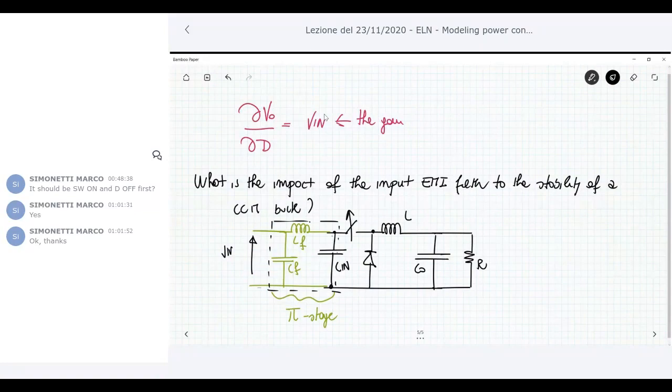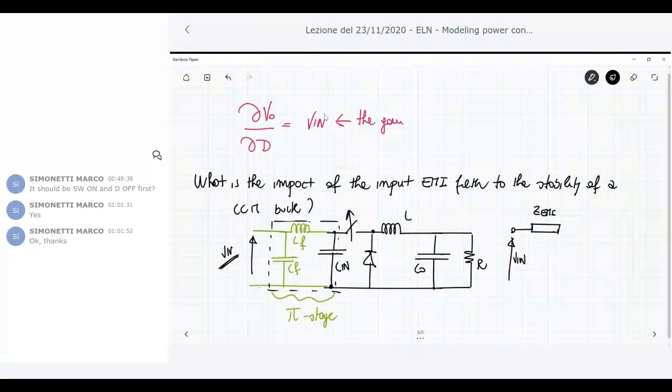This can be designed for each case, but typically they are connected at the input side. Without entering too much into the details about the topologies of this filter, what we can learn about this connection is that the voltage source V in is always coupled to an impedance. So you have V in, and this V in here has an impedance. Typically, this is a reactive impedance. Let me call it, as I did in the slides, the impedance of the EMI filter, zeta EMI, which is the impedance, for example, of this network here.